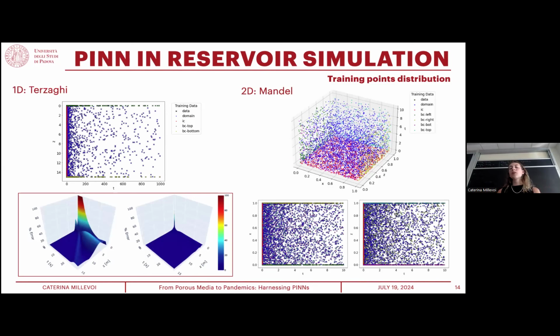But what we cannot control is the distribution of training data points, because this is strictly related to the sensors that you have in the domain. For example, in epidemiology, you usually have one datum per day, and so you cannot enrich this data set.